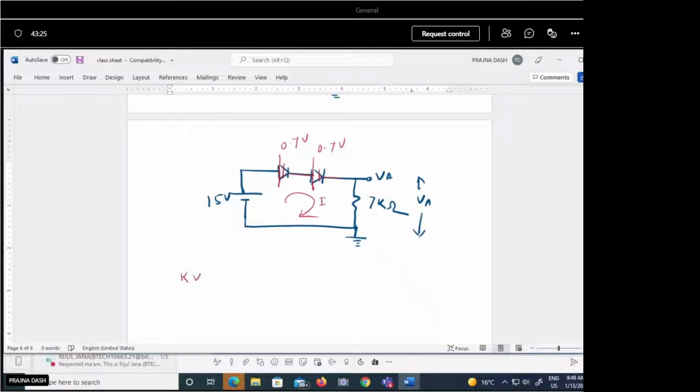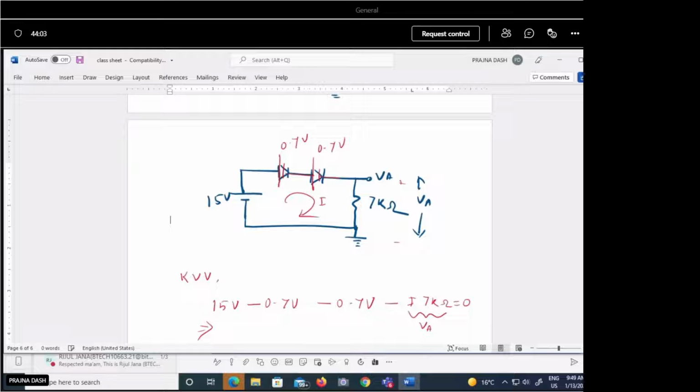Applying Kirchhoff's voltage law, negative to positive, plus 15 volt, this is positive to negative, minus 0.7 volt, minus 0.7 volt, and with respect to this, BA means this is the positive terminal and this is the negative terminal, so this will be minus I into 7 kilo ohm, equal to 0. Or directly we can write it as VBA. Either I into 7 kilo or VBA we can write here.